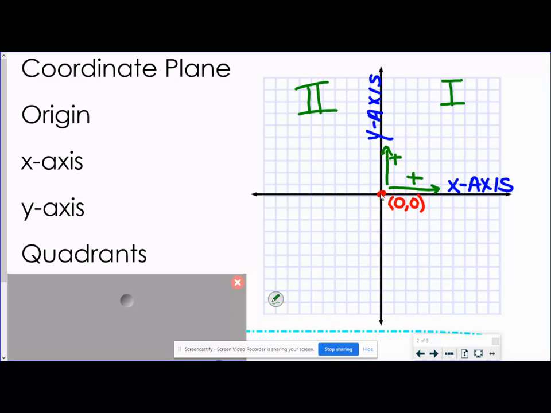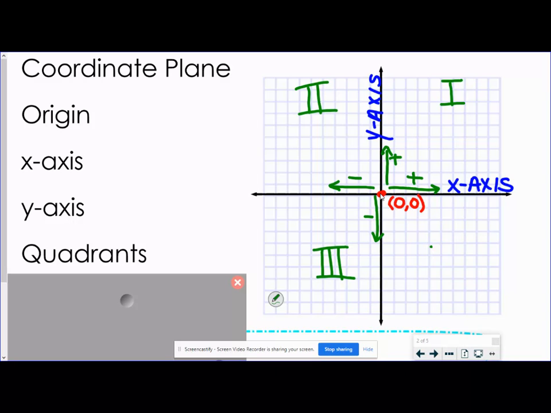This is quadrant 2. It's where the x-axis is going to be negative, but the y-axis is still positive. Then quadrant 3, now we just keep going around. Quadrant 3 is right here. So we've got negative x's because we had to go left, and we have negative y's because we had to go down. And then the last quadrant is quadrant 4.